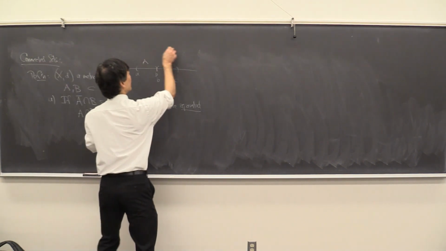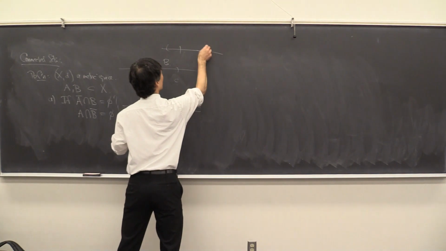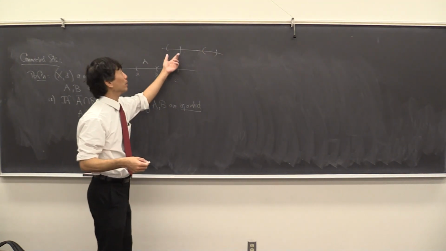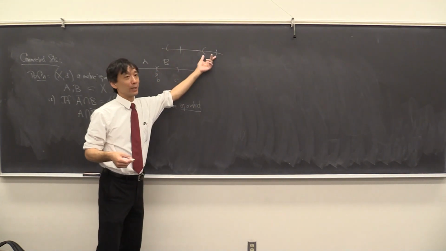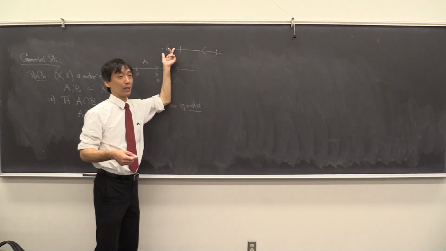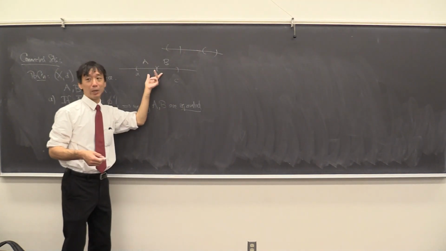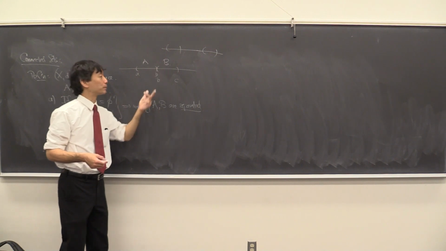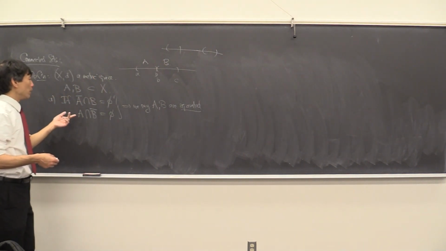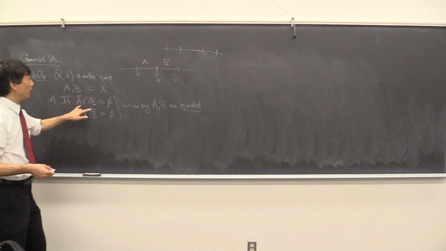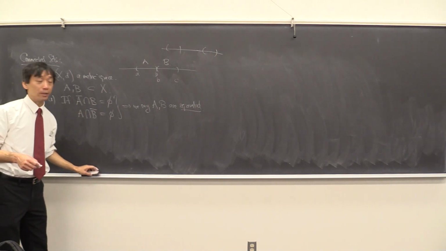Or more obviously, if we took intervals that were some distance apart, the closure of this one doesn't intersect that one, and the closure of that one doesn't intersect this one. But they could be right up next to each other as well. So that's what separated means.